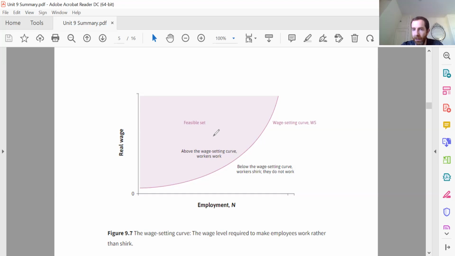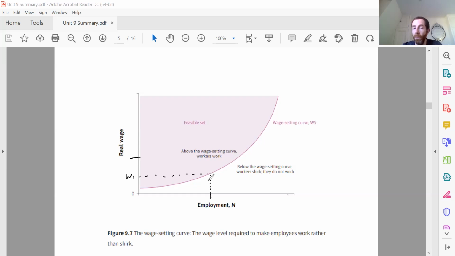So it would not make sense for a firm, say, when the level of unemployment was here, and the wage setting curve tells us to get workers to work, you need to pay, say, this wage W1. There'd be absolutely no reason for the firm to pay a higher wage, right? Because it's not getting any extra effort. Workers are already putting in full effort. And a firm definitely wouldn't want to pay a wage down here, because then the workers would shirk.